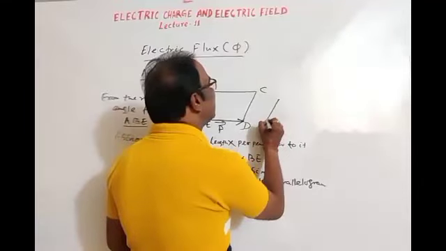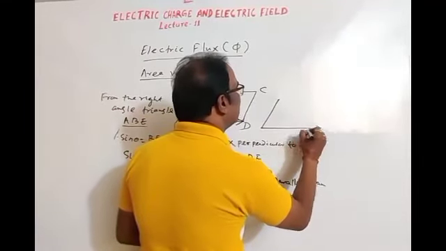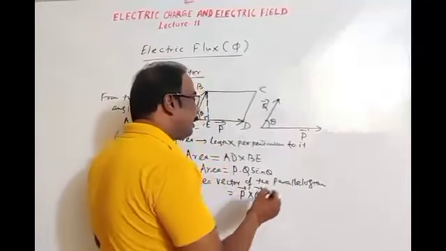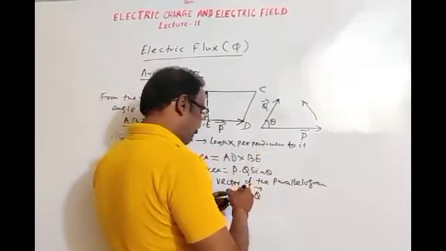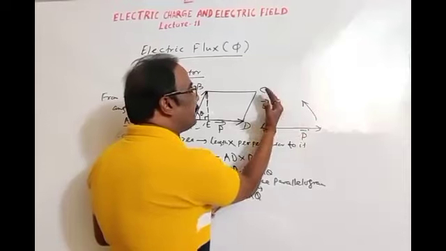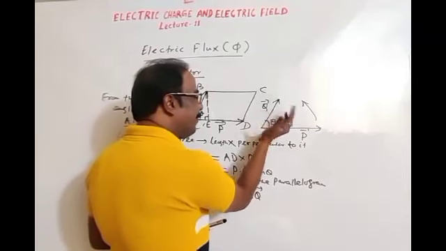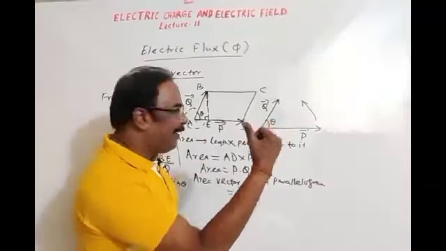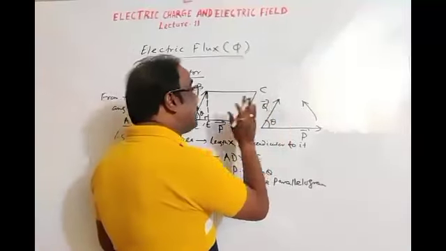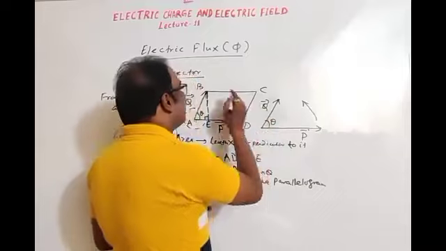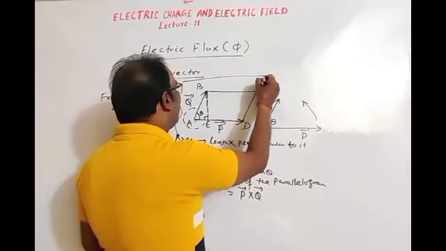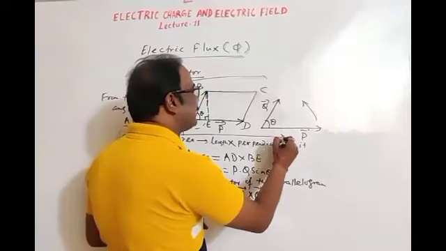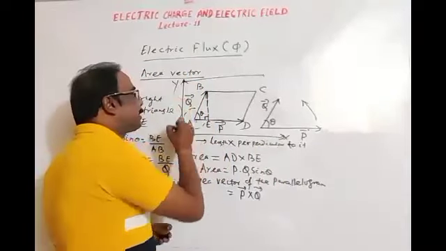See students, this is P vector, this is Q vector, and the smaller angle between them is theta, then P cross Q. Direction of P cross Q, as per right hand thumb rule or right hand screw rule, is outward. Suppose this area we have taken on the XY plane. This is X axis and this is Y axis.